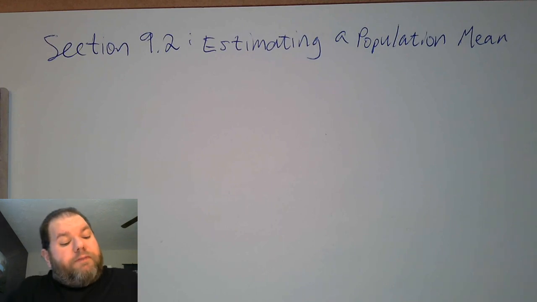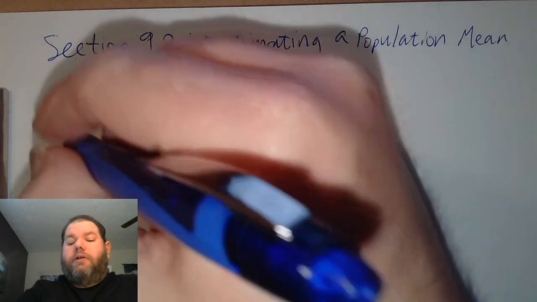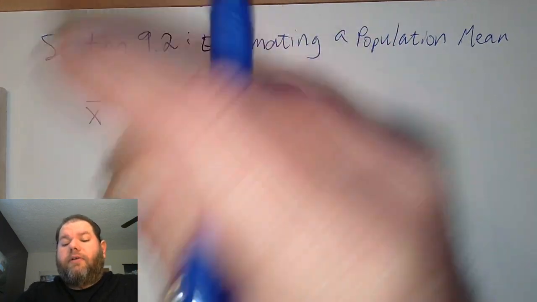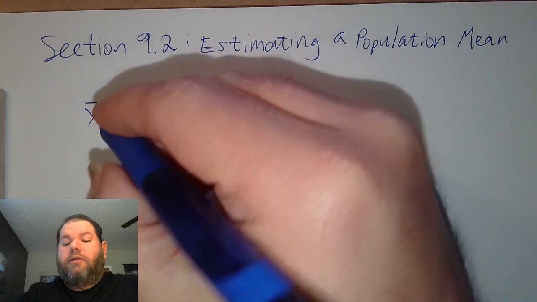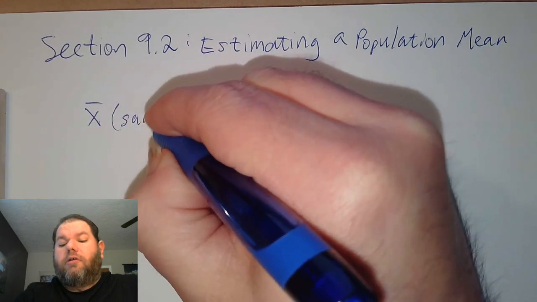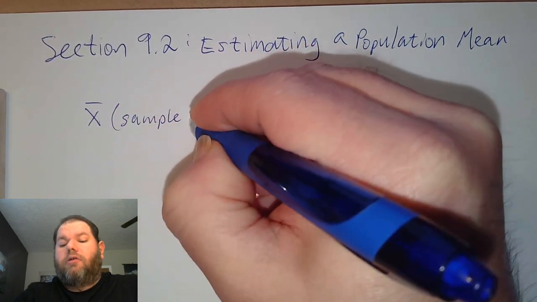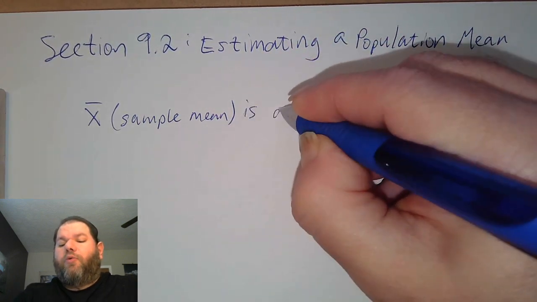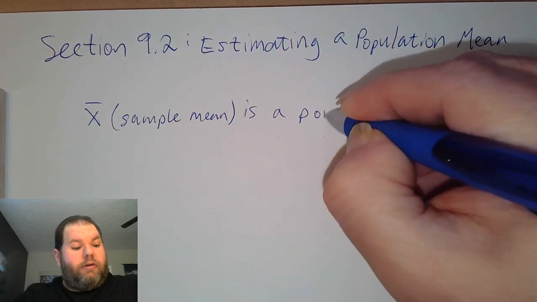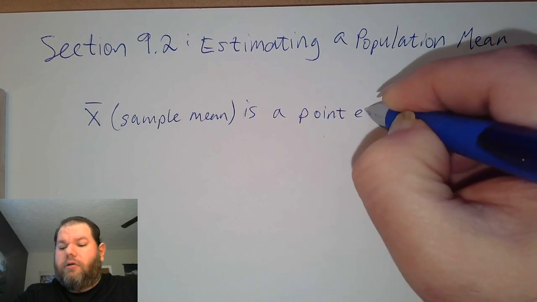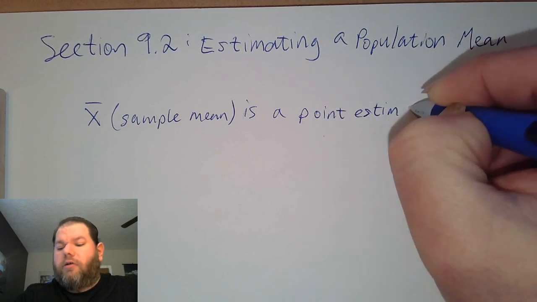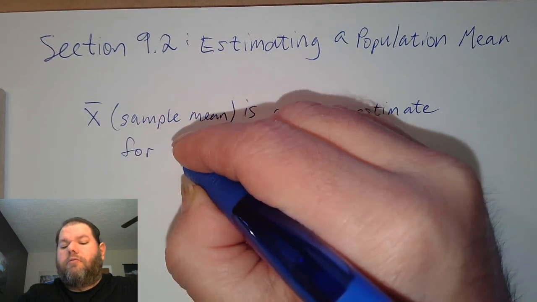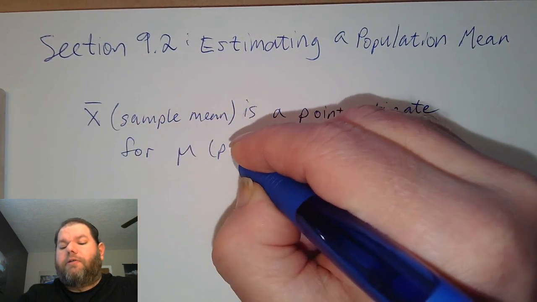So, first thing we do is state that x bar, the sample mean, is a point estimate for mu, the population mean.